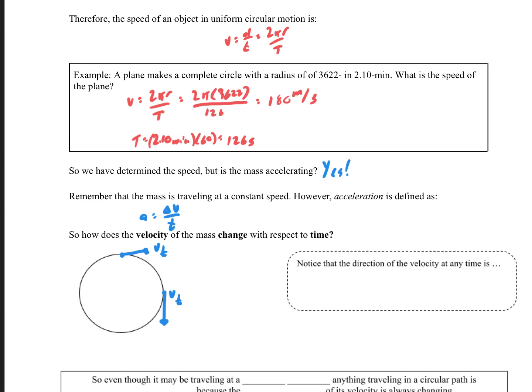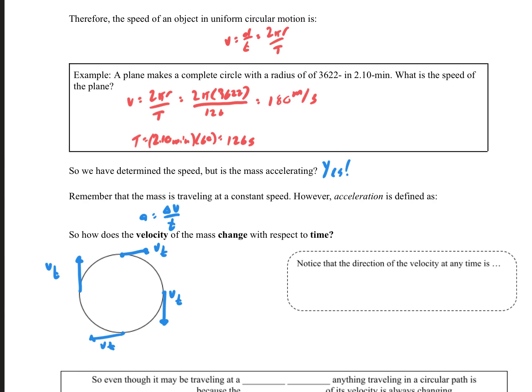So when I draw this, they're always tangent to the circle. So we keep drawing these tangents. If you notice, the velocity is changing. Even though the speed remains the same, the direction is changing.